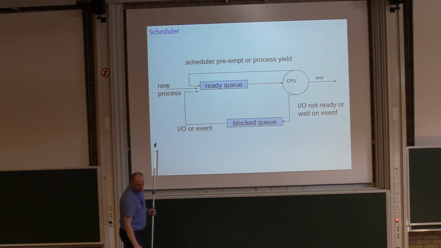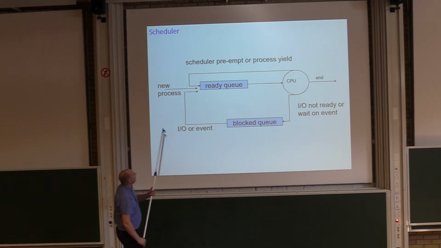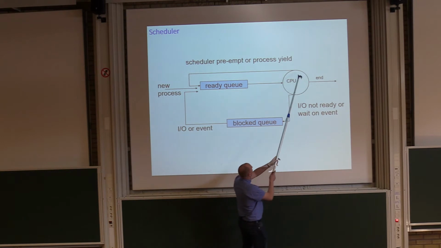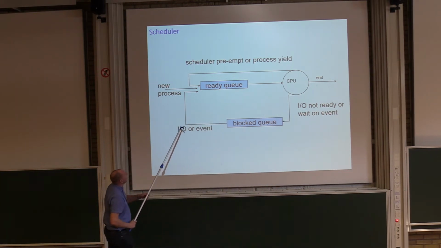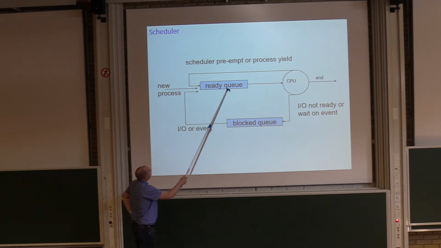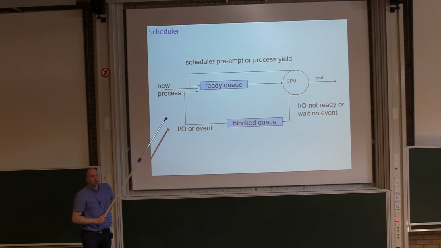So one way to view this is like this. You have the processor here. And then you have a queue here with all the processes that are ready to execute.